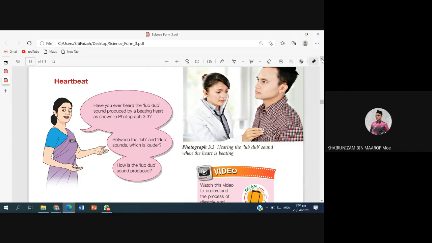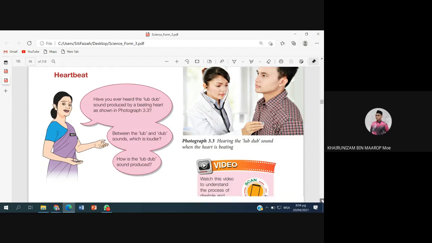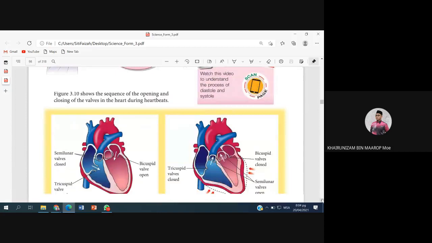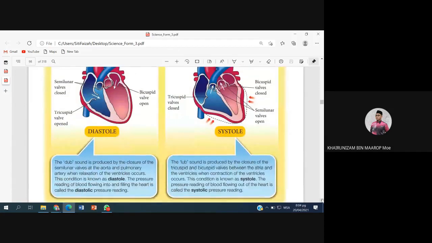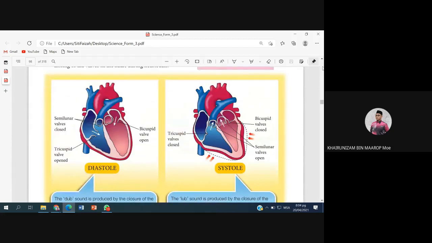When the blood passes through the arteries, the blood pressure can be measured in two readings, which are systolic and diastolic.